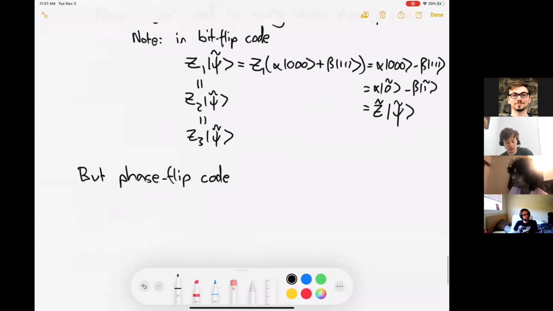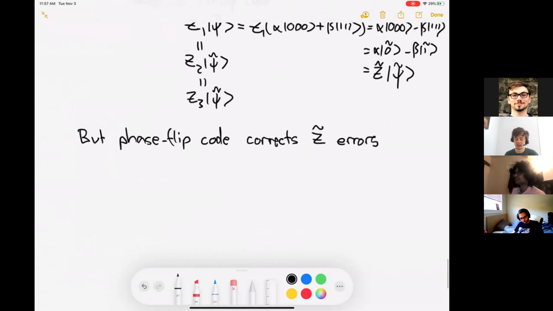And the phase flip code corrects Z tilde errors. Okay, so if Z1 happened, or Z2 happened, or Z3 happened, from the point of view of the phase flip code, all that's happened is that a logical Z operator got applied to that logical qubit, which is one of the 3 physical qubits of the phase flip code. Okay, so how do we correct it?